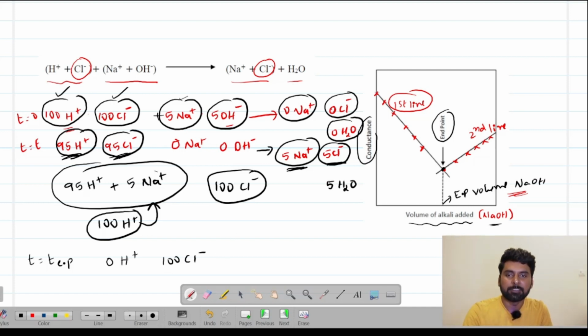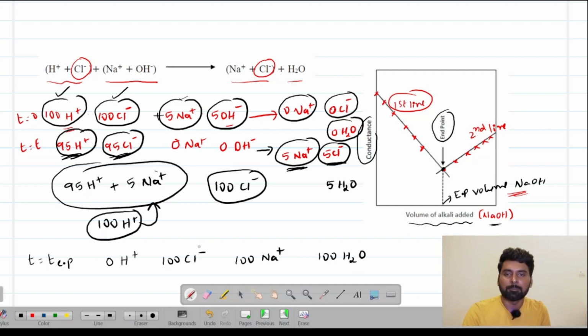To neutralize 100 H plus you should add 100 NaOH, so 100 Na plus will be there. Along with it, how many moles of water will form here? That is the important thing. 100 moles of water will form.